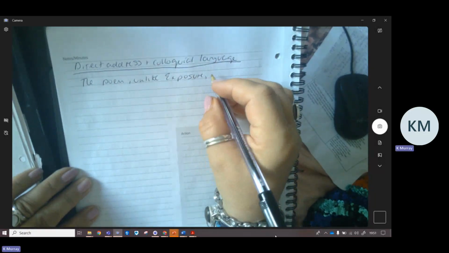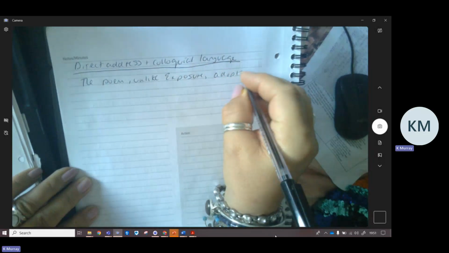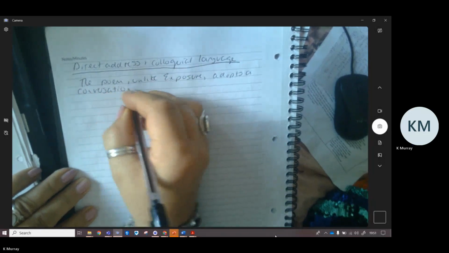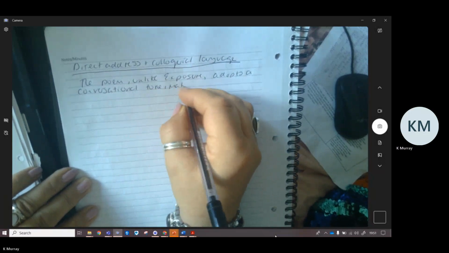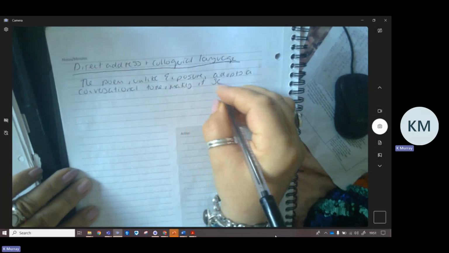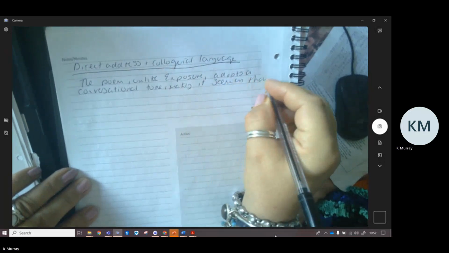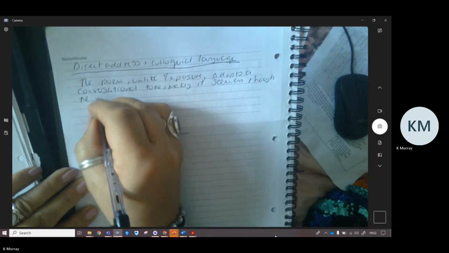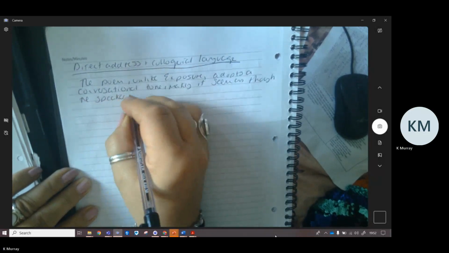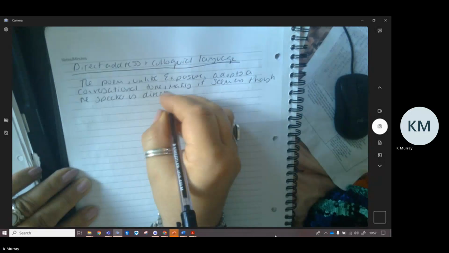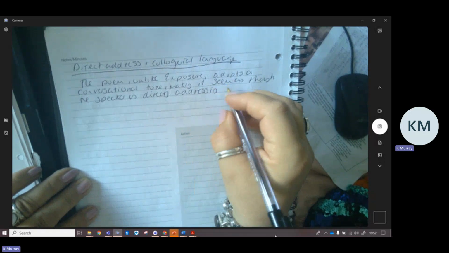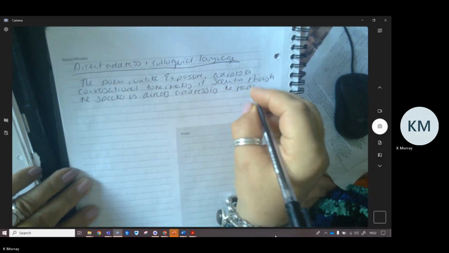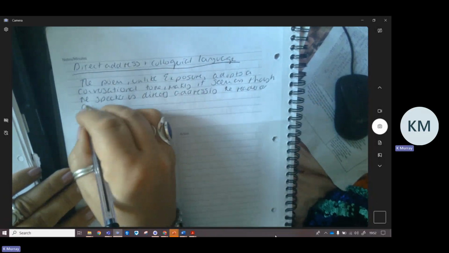The poem adopts, that's the word I want, adopts a conversational tone, making it seem as though the speaker is directly addressing the reader or a community member, okay?